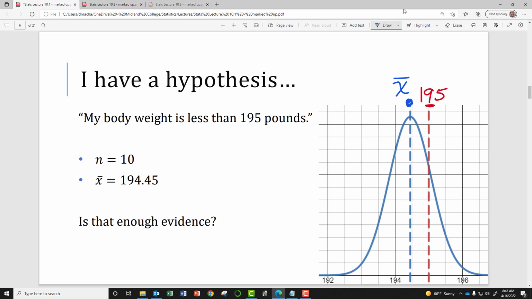Now, this blue distribution here is going to be the distribution of the sample mean. So remember for a moment that whenever you have a random process like this, and you take a sample of size 10, the sample mean itself is going to be a random variable, because if you took 10 different measurements, you would have a different sample mean.